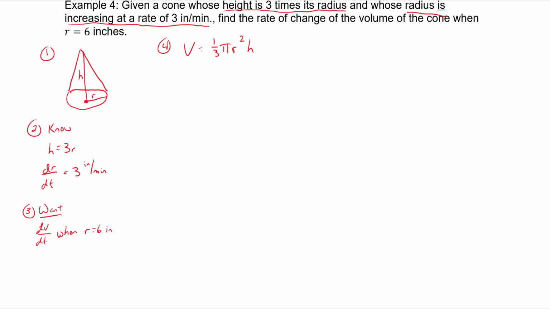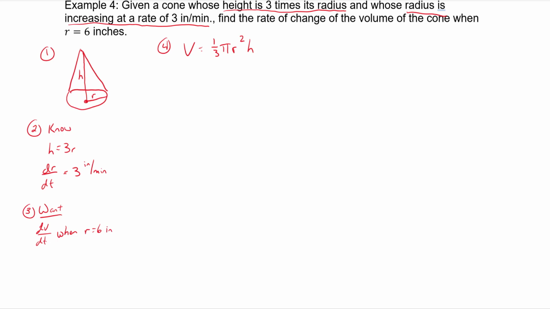So if we were to try to solve this by going straight into implicit differentiation, what's going to happen? Well, we'd end up with that dh/dt in there, and we don't know anything about height's rate of change, do we? So we would have 2 unknowns in one equation, which means we couldn't solve the problem, right?